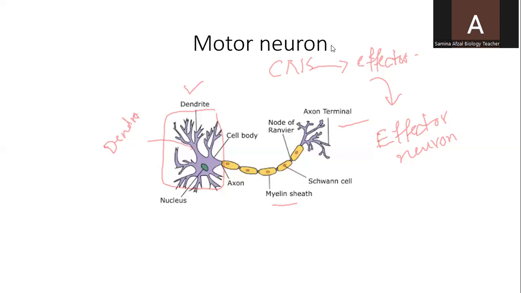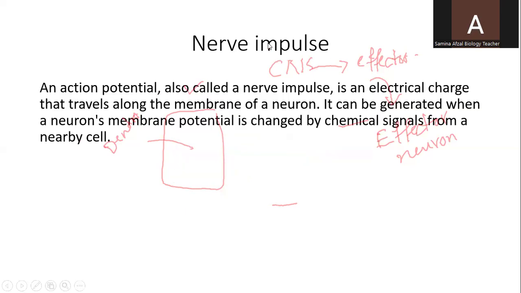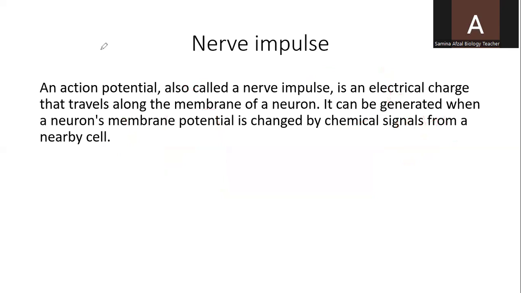Next, the messages are sent in the form of nerve impulses. So an action potential is also called a nerve impulse. It is an electrical charge that travels along the membrane of a neuron.